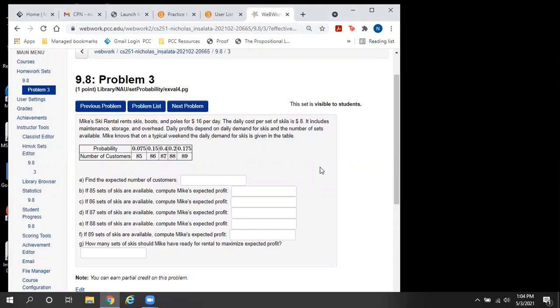Add all the number of customers times the probability for A. For a what, Lucas? For the expected number of customers. Okay. So maybe we should find that first, right? So the expected number of customers. So how would we figure that out?